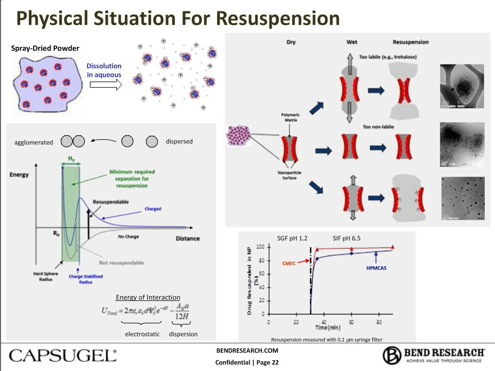And this test shows that we get very rapid redispersal of nanoparticles from a spray-dried powder using either CMEC or HPMCAS respectively. So resuspension is feasible using a minimal amount of matrix material, say 1-to-1 suspension matrix to nanoparticles, or slightly less in these applications.